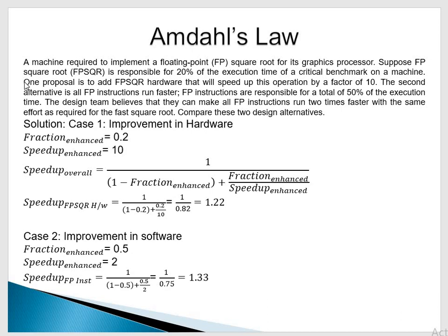The designer proposed two solutions. One proposal was to add the floating point square root hardware, which will speed up this operation by a factor of 10.